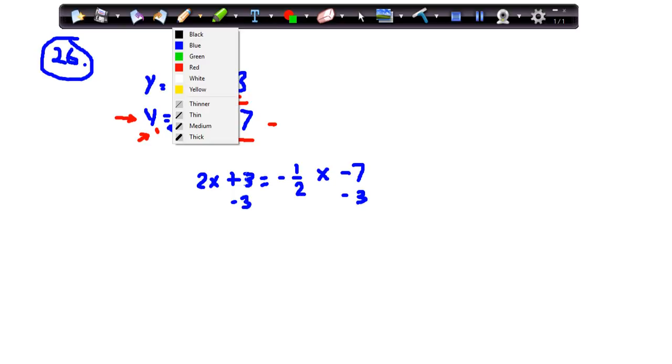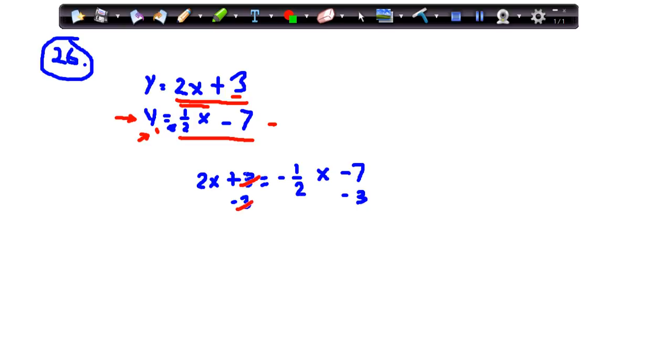So that will give us this gone, this gone, and that's going to leave us with 2x on that side. And then we have here negative 7 and negative 3, which would make it a negative 10.